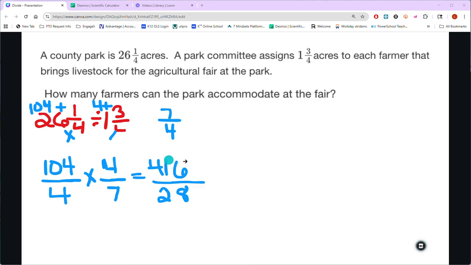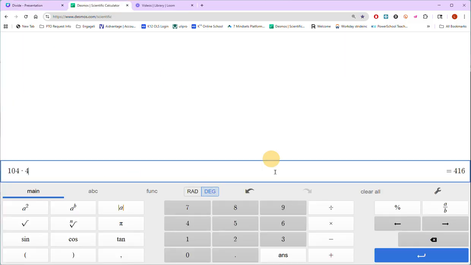So then I have my long division problem of 420 divided by 28. So I know 28 can't go into 4, but it can go into 42. And believe it or not, it's only one time.